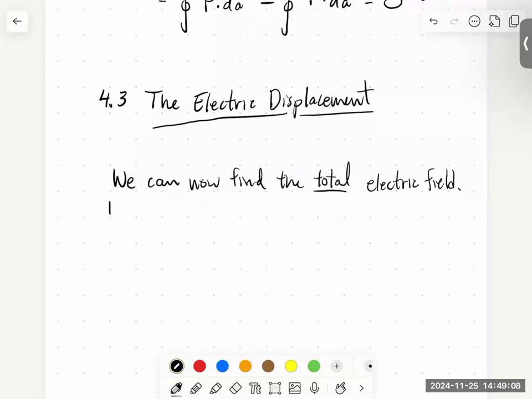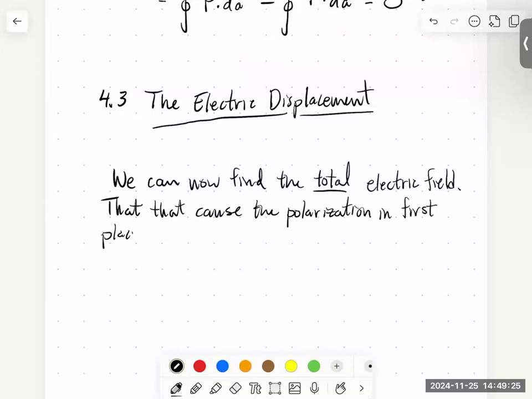So we have the contribution that causes the polarization in the first place, in addition to the electric field due to the polarization itself.